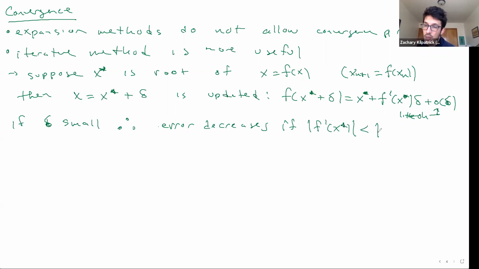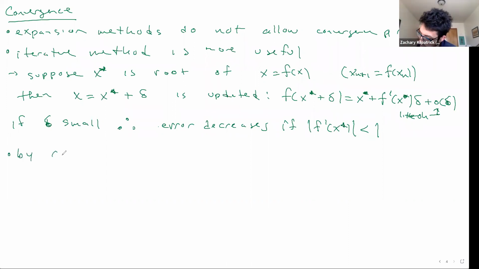So this is a good rule of thumb for how to choose your iterative map. Is the gradient of this around where you are, because you're not going to know what the root is, but you can assume maybe you're close to the root. Is this gradient less than 1, meaning that you're shrinking the perturbation that you add on to your expansion each time you run your iterative map.